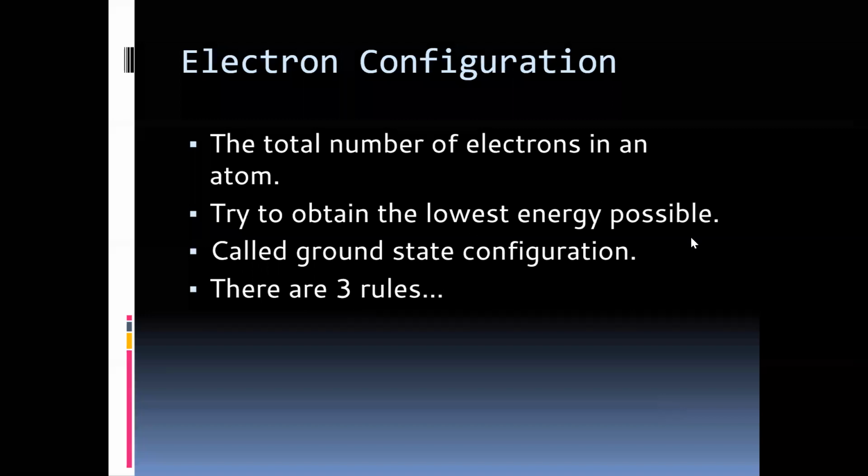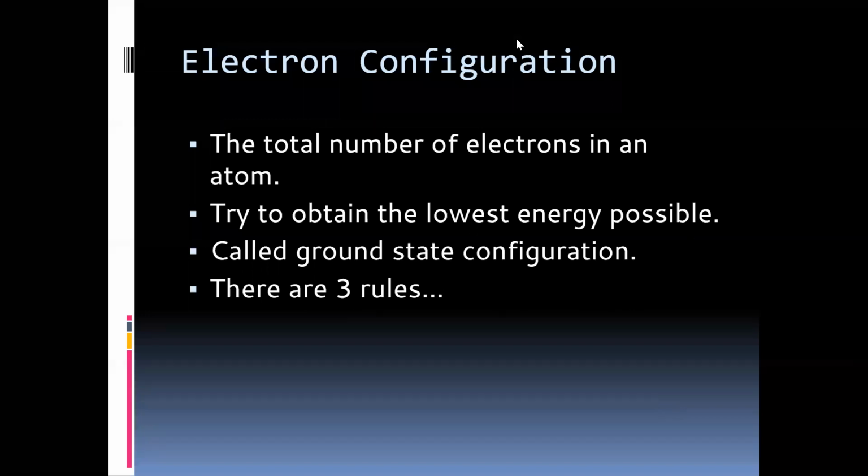The next thing I want to talk about is electron configuration. So electron configuration, rather than just dealing with the valence shell, deals with the total number of electrons in any particular atom. Those electrons are going to try and obtain the lowest energy possible. So that goes back to when I was talking about ground state.